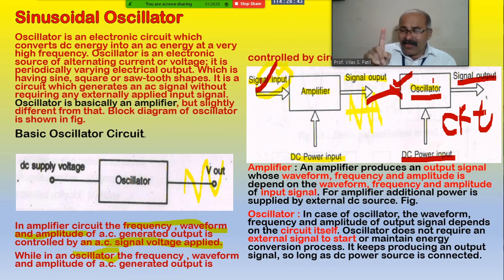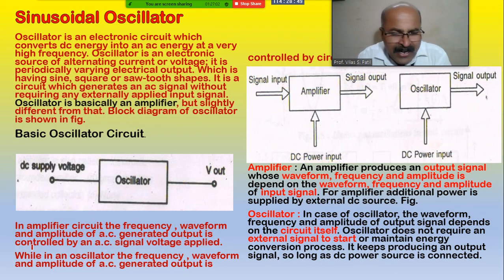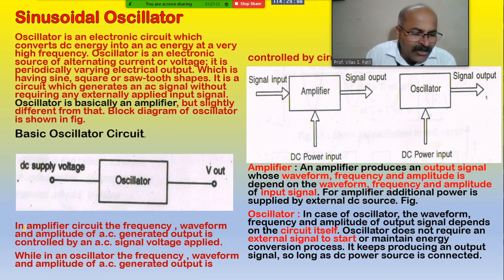Means that this is the basic difference in case of the amplifier and oscillator. एम्प्लीफायर आणि ऑसिलेटरमधला हा डिफरन्स जो आहे तो इथं मी सांगतोय. परत बघा एम्प्लीफायर म्हणजे काय.